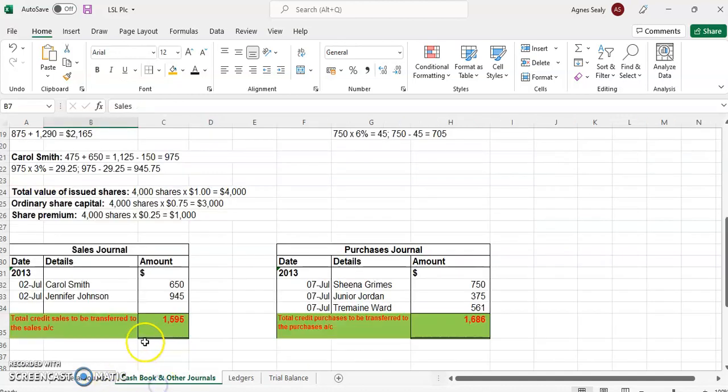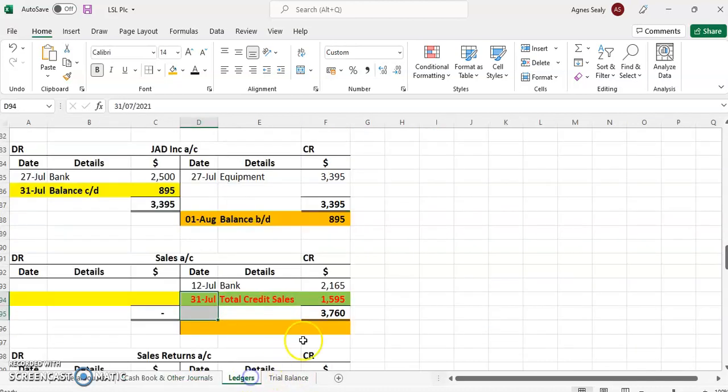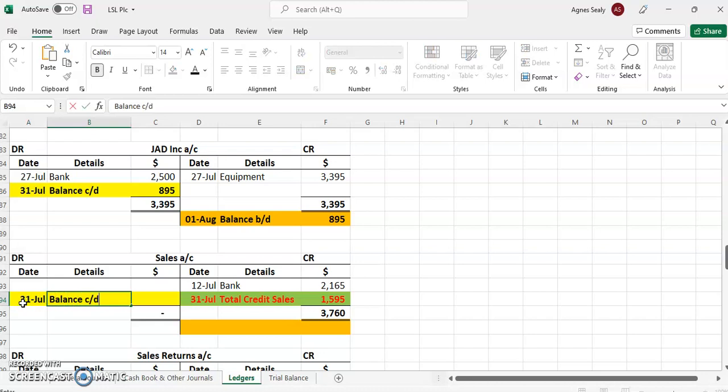So that's the total credit sales. So our total sales for the month is $3,760. Credit side, debit side 0. So 31st of July, 3,760.